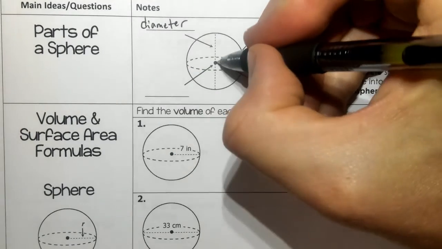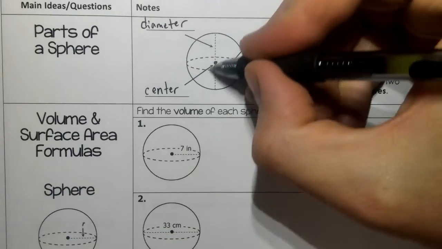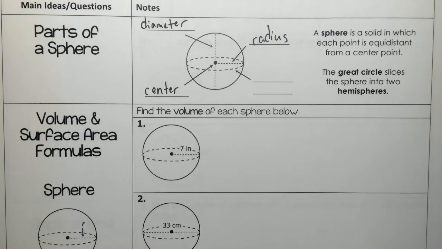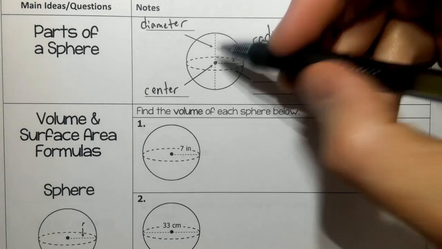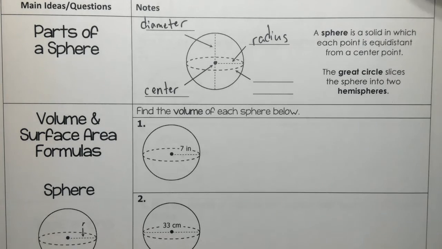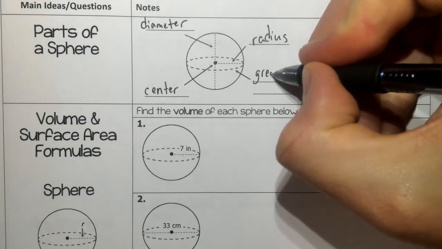Once again, the center, I just referenced that. It's an equal distance from all parts of the edge of the sphere. It's the same distance. And then the great circle is what cuts it in half. It's called a great circle.